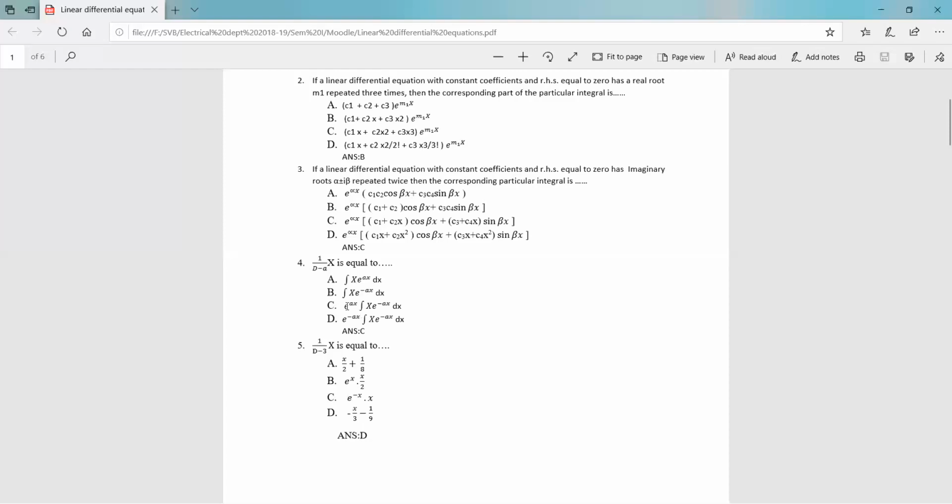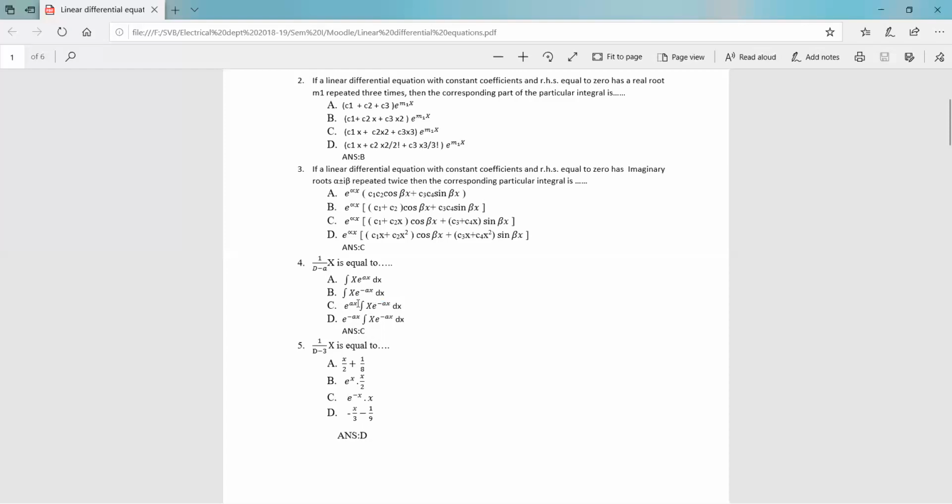Getting me? We have to use this formula: 1 upon d minus a x is equal to e raised to a x integration x into e raised to minus a x dx. So capital X is nothing but small x here, and a is nothing but 3. Use this formula. Here we get e raised to 3x integration x e raised to minus 3x dx.